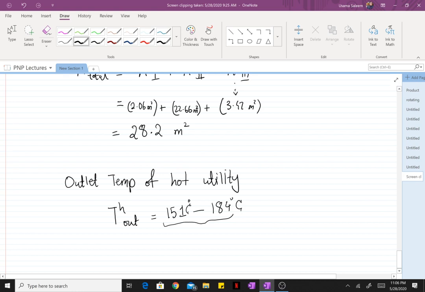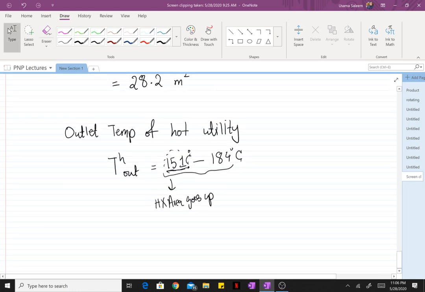As the hot outlet temperature decreases, the heat exchanger area is going to increase because the driving force, the delta T on the cold side, is going to go down, but your steam flow rate is going to be lower.